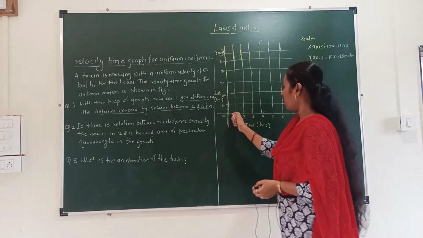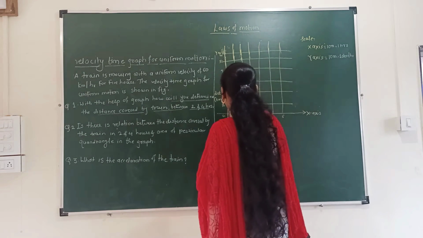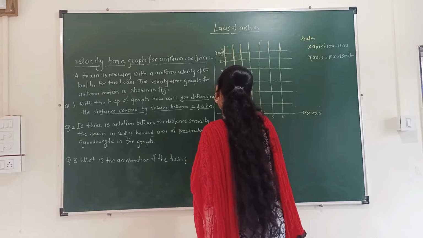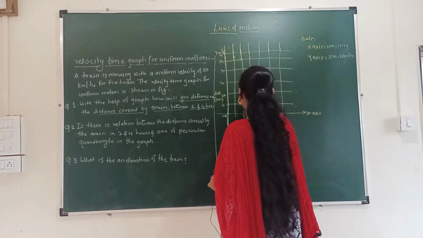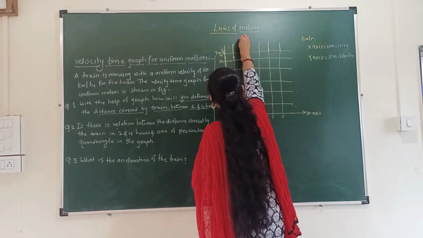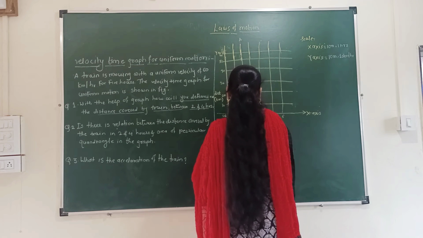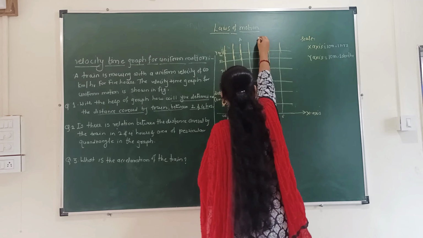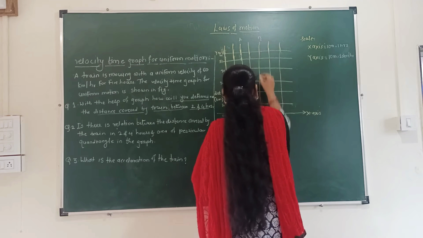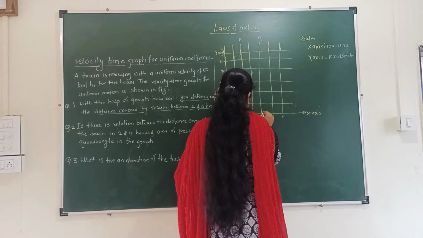First of all we write the names of the rectangle. Here is A, from A, 2 to 4 hours, A to B, again B to the distance covered by the train.